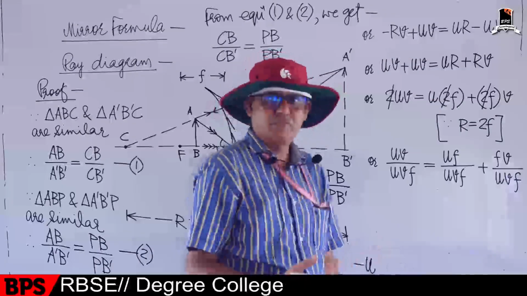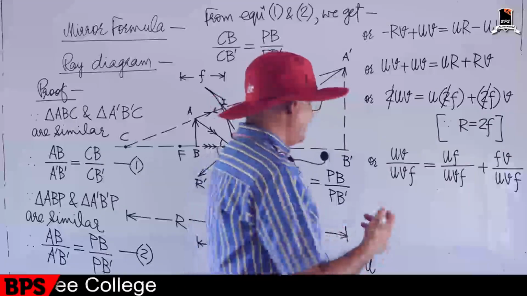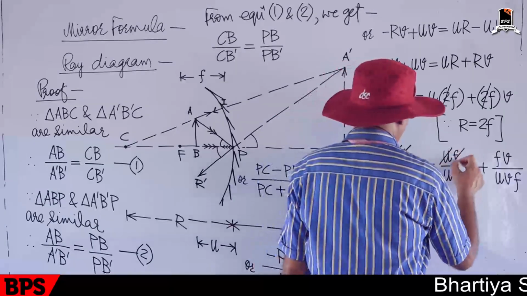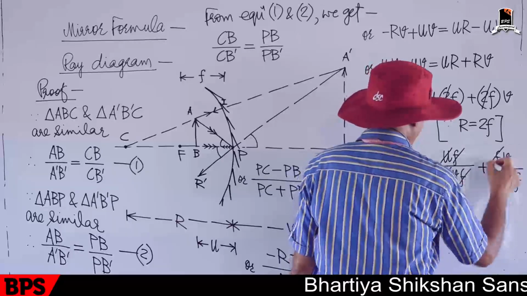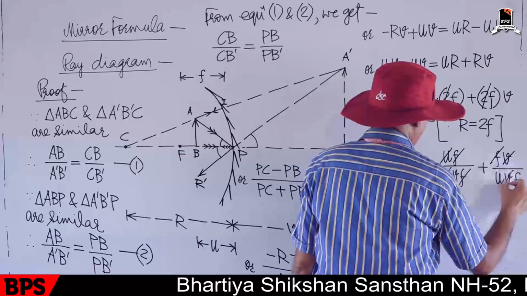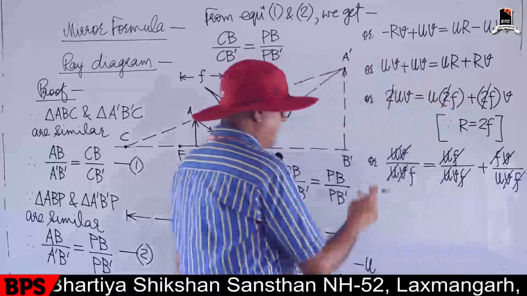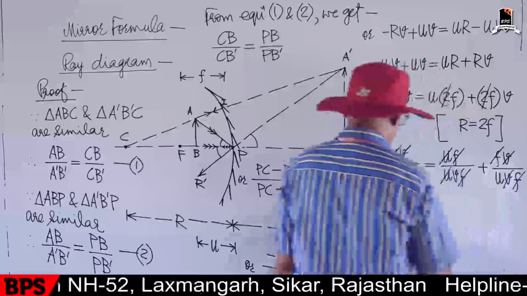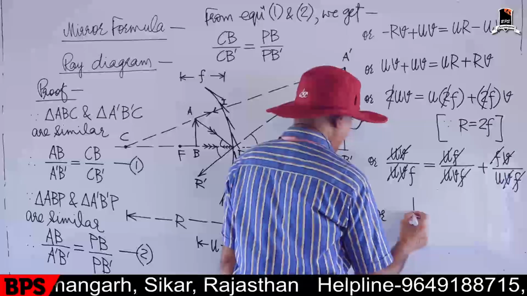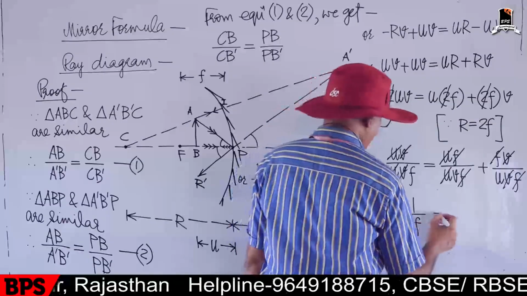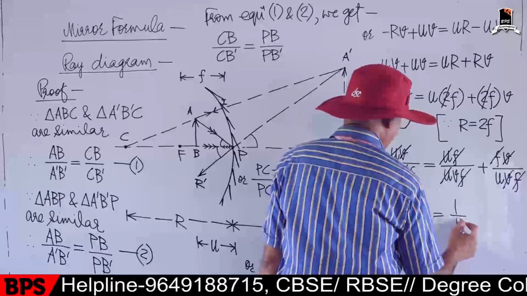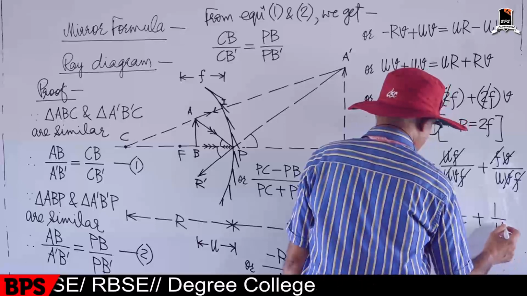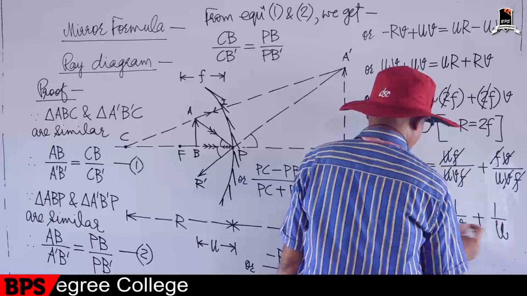Cancel the terms which are same in numerator and denominator. So UV, UV, UF, UF, FV, FV. Remaining terms are 1 by F here, 1 by V here, 1 by U here. So you get ultimately 1 by F is equal to 1 by V plus 1 by U. This is the mirror formula.